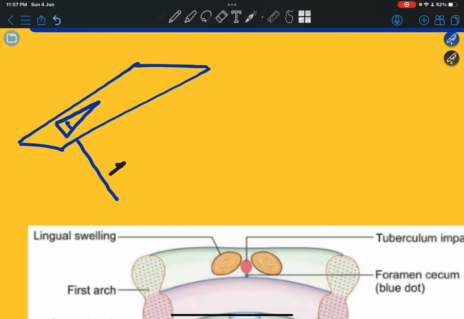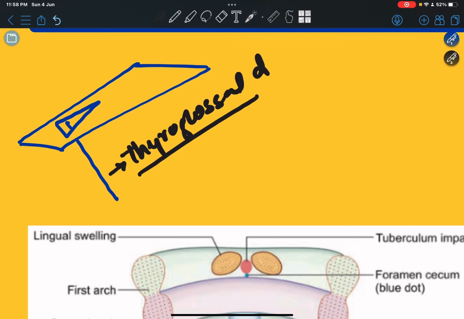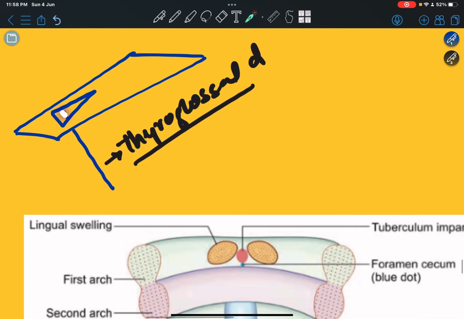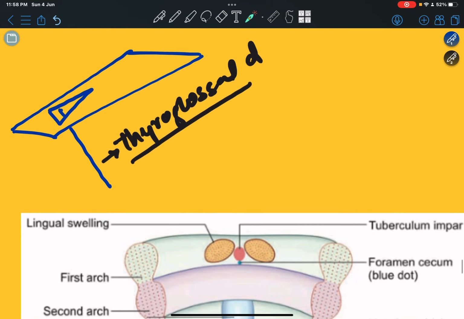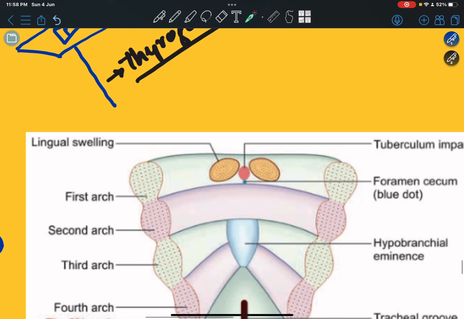This is called the thyroglossal duct, which is a diverticulum, and this eventually forms the thyroid gland. So when this diverticulum is coming from here, which is just caudal to the tuberculum impar, there is a foramen that is formed there called the foramen cecum, and this foramen cecum is also there in the adult tongue. It's there even now. So yeah, that's about the first arch things.